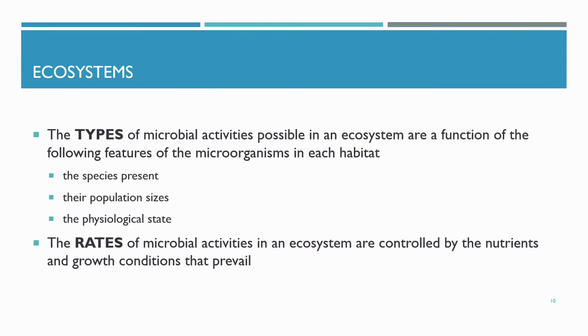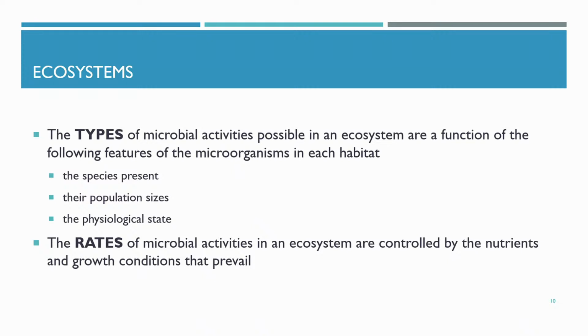So an ecosystem basically considers the types of microbial activities that are possible. And so the activities of those microbes in that ecosystem are a function of the features of the microorganisms in each habitat.